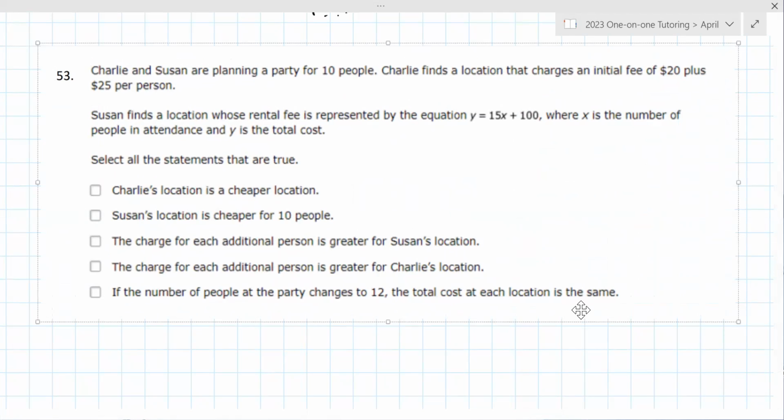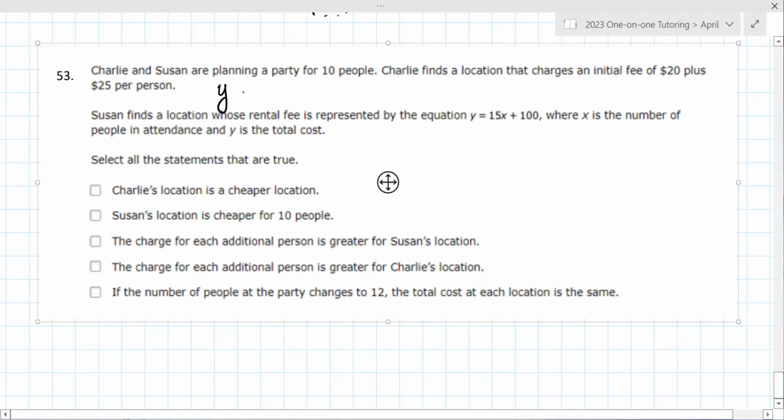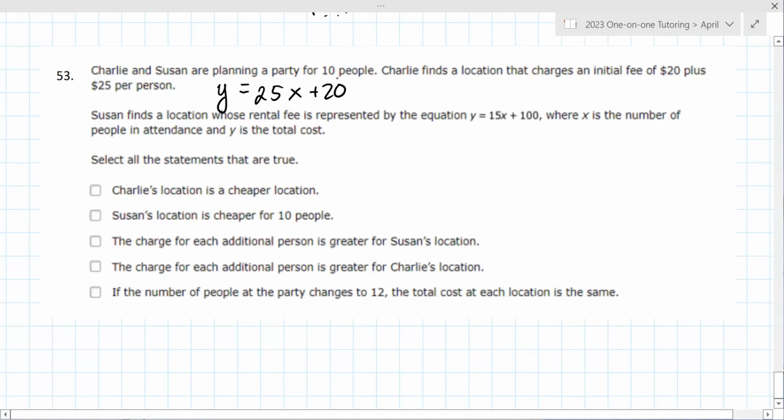What would the equation for that look like? Y equals 25x plus 20. Good. And Susan finds a location whose rental fee is represented by the equation y equals 15x plus 100. All right. So that's Charlie, that's Susan.